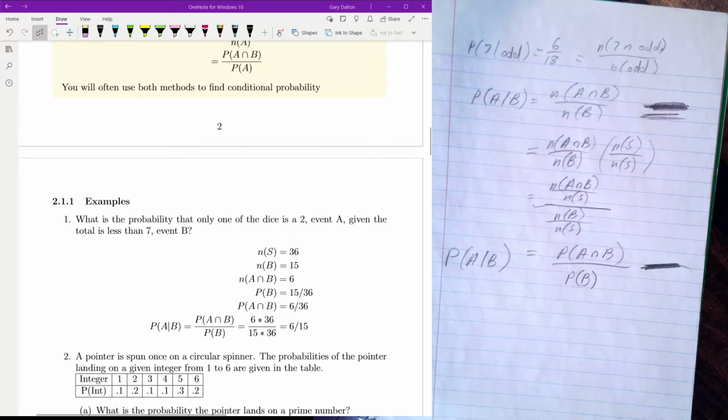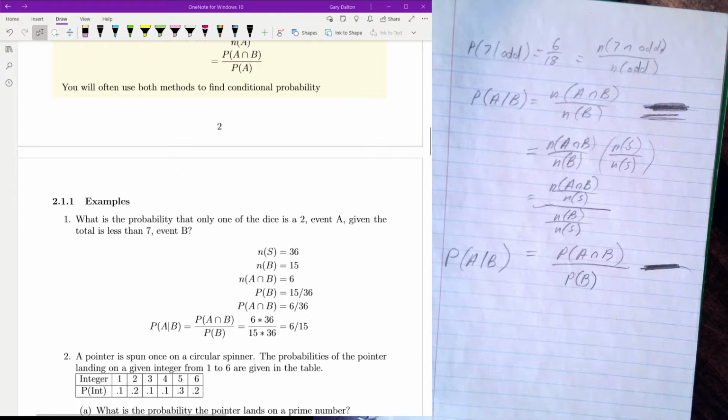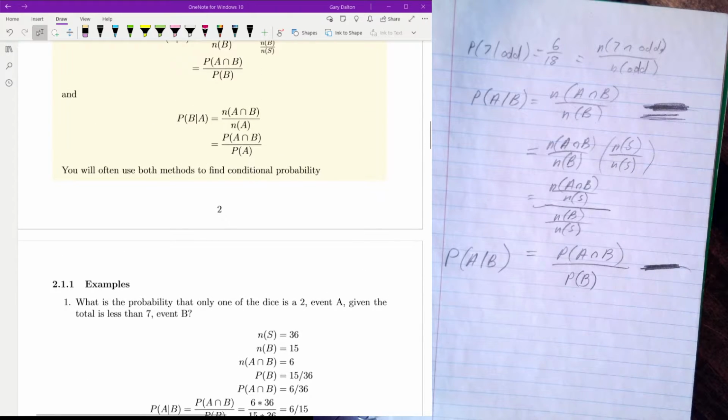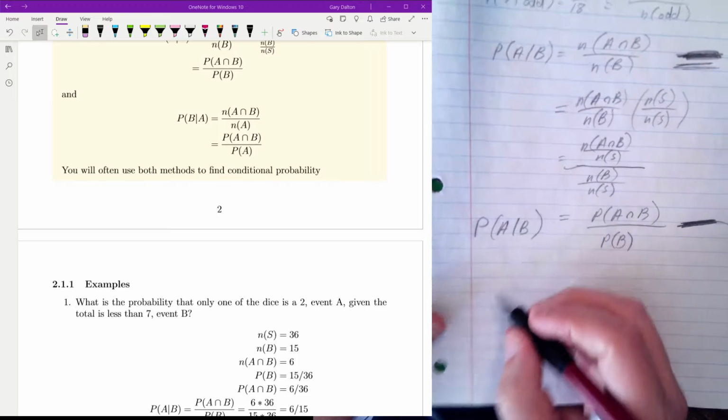Let's just run through an example. So we have a spinner. What is the probability? Whoops. Nope, we're not using a spinner yet. Sorry, dice. What is the probability that only one of the dice is 2, given the total is less than 7?